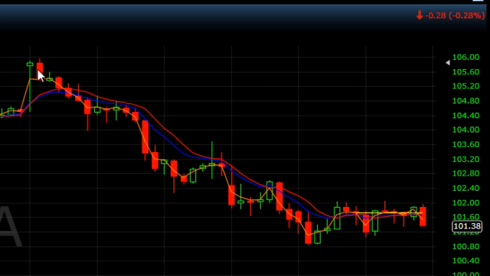Instead, we got in just a little below that, and we got out just right here instead of down here. So had we taken just the payday trade by itself, we would have made about 68 cents more per share.